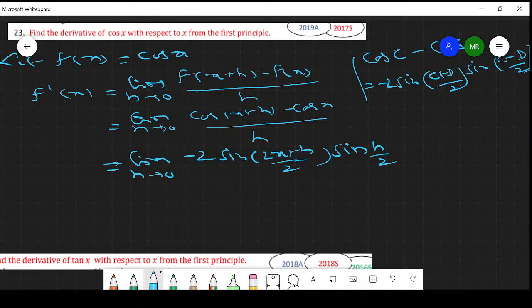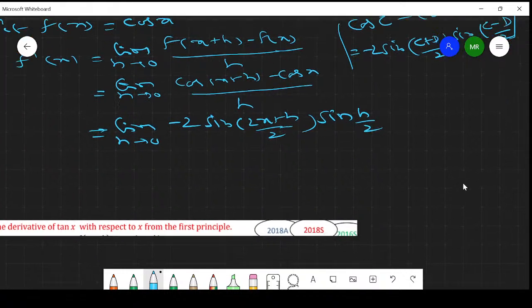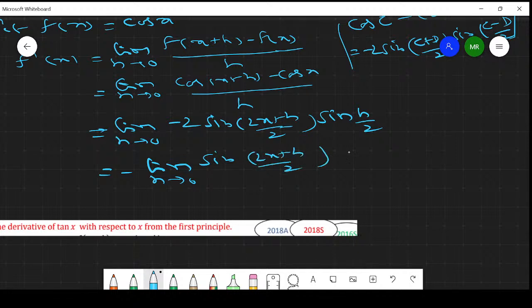Now you can see here, this one I can write now. I can take the minus outside: minus limit h tends to 0 sin of (2x+h)/2 into limit h tends to 0 sin(h/2). We have this sin h by 2 and by h.